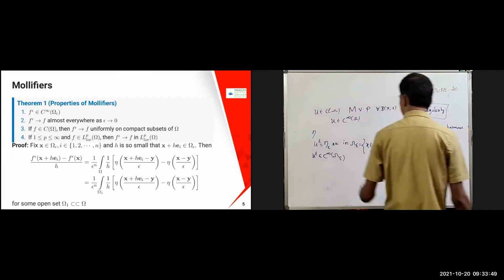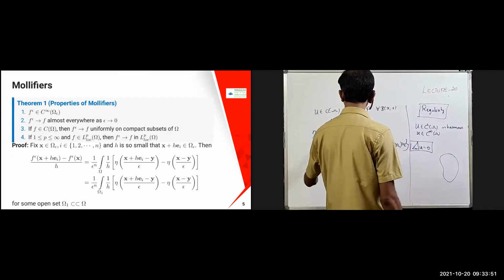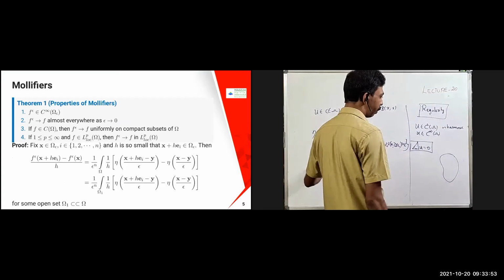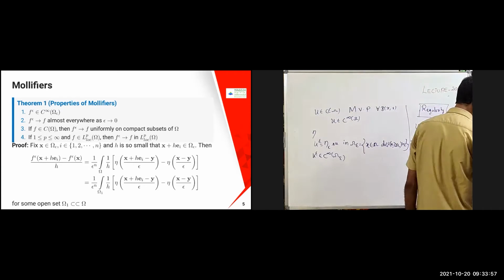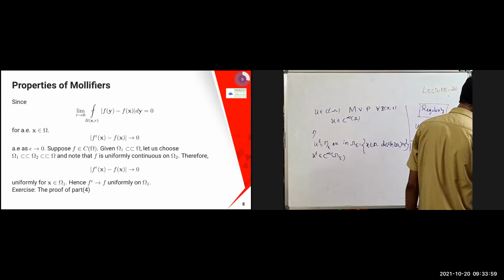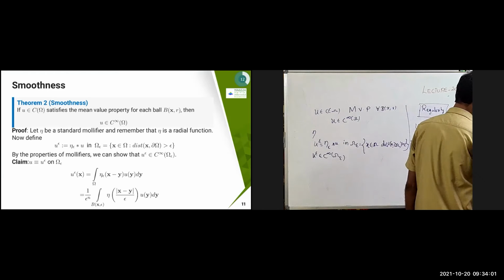Same thing here: u belongs to C of omega, u epsilon is defined, and u epsilon belongs to C infinity of omega epsilon as per the properties of mollifiers. So that part is clear.